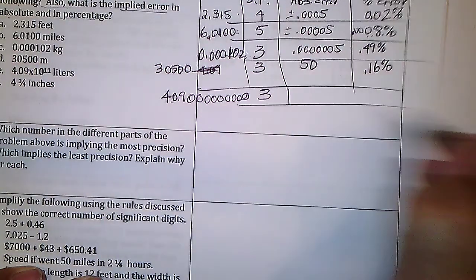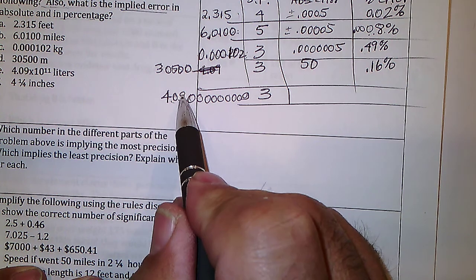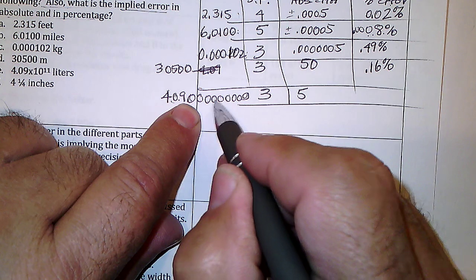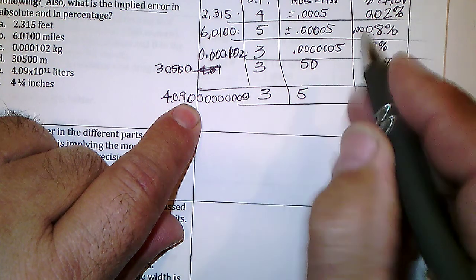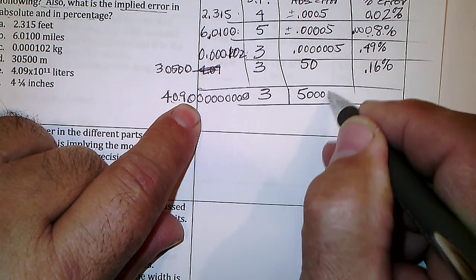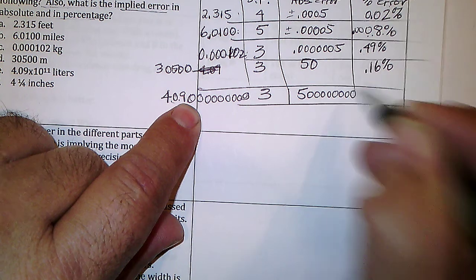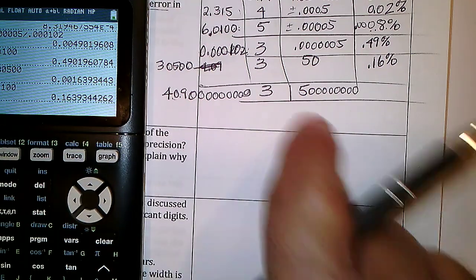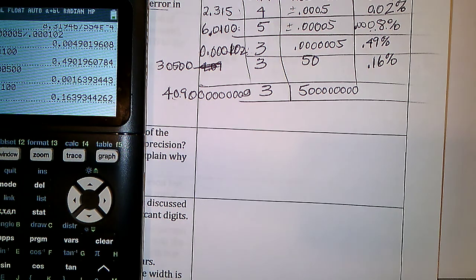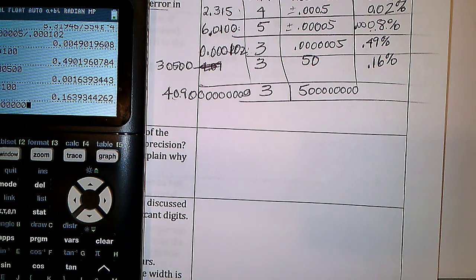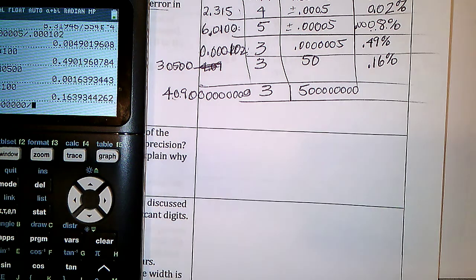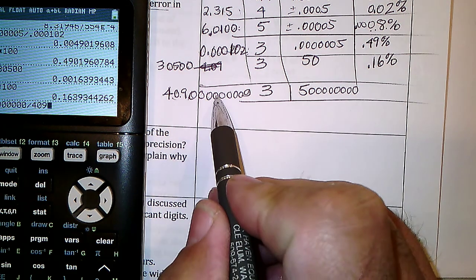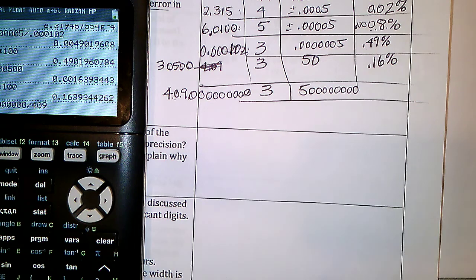So the absolute error comes after the last significant digit, so it's there, a 5, and then 8 zeros. So the relative error is 5 with 8 zeros divided by 409 with 9 zeros.